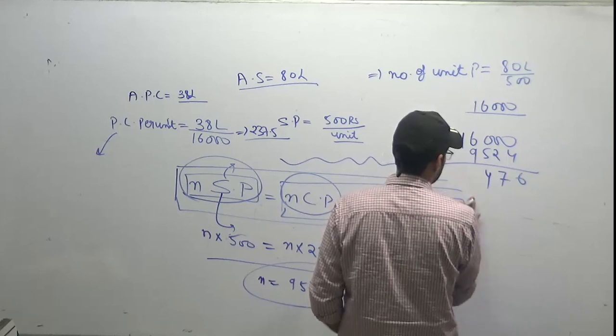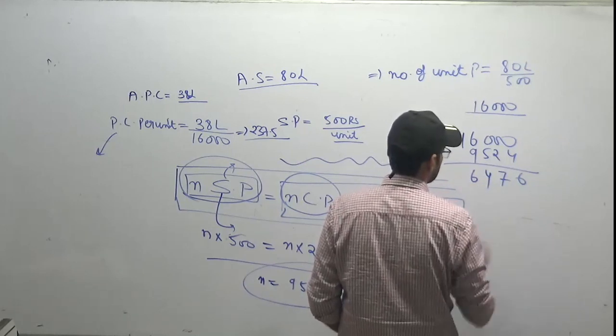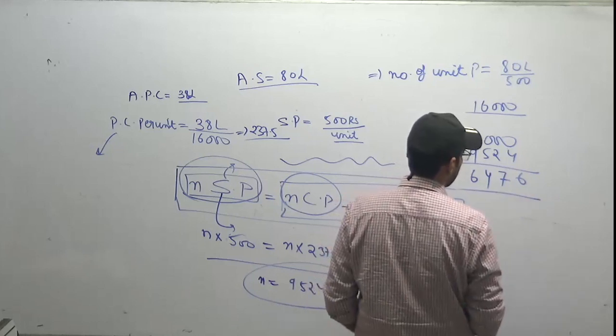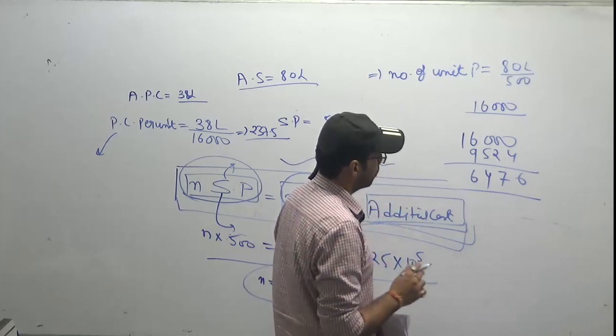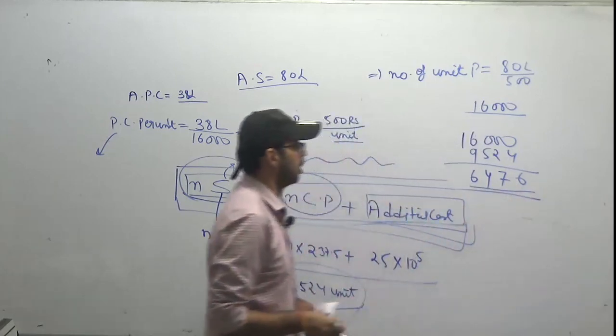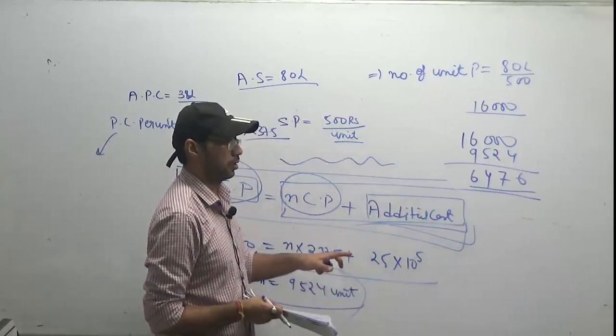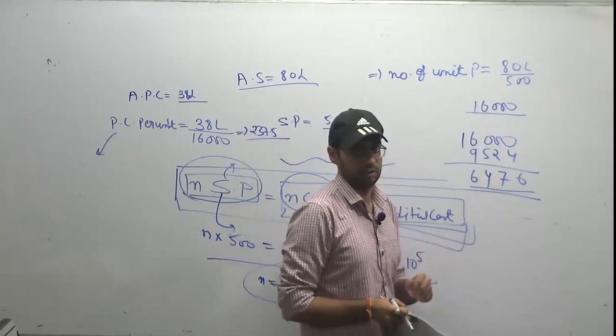And this is your 6, right? So almost 6,476 is the total units that will give you the actual profit.